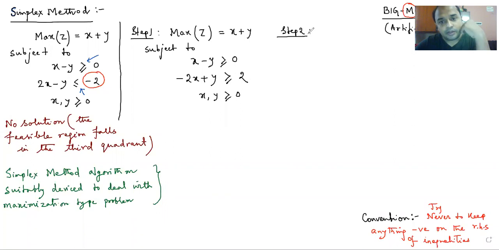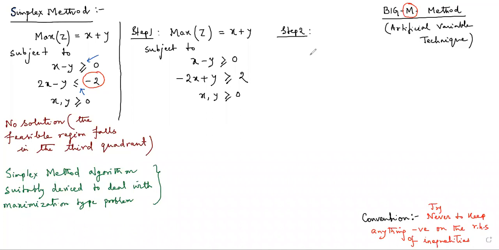And in step number 2, I'm going to make the inequalities as equalities. Okay. So first of all, let's deal with the inequalities. Subject to. Now in the previous class, when we had a lesser than type inequality, we introduced slack variable.